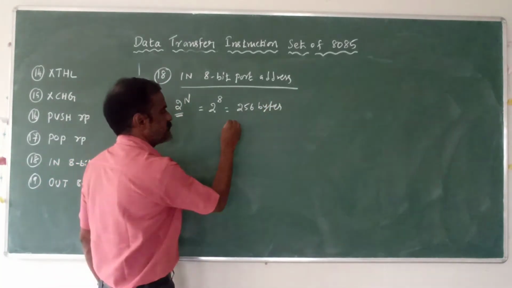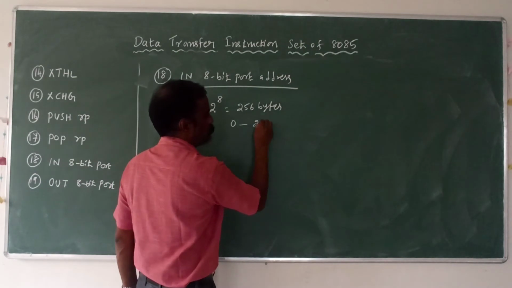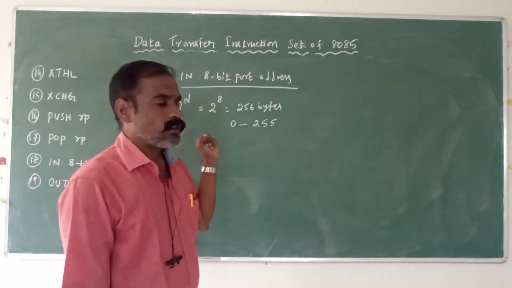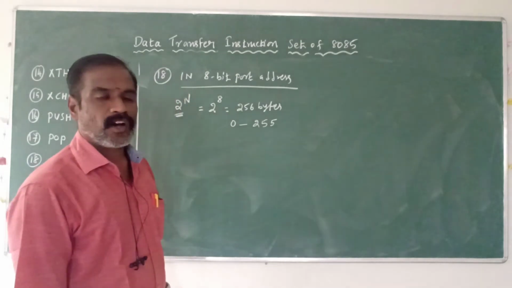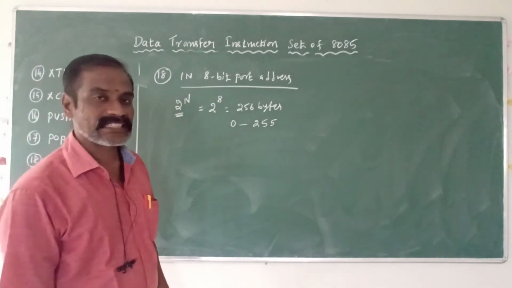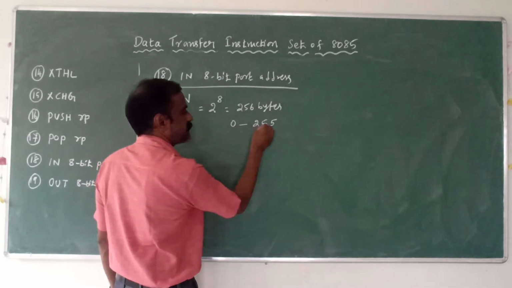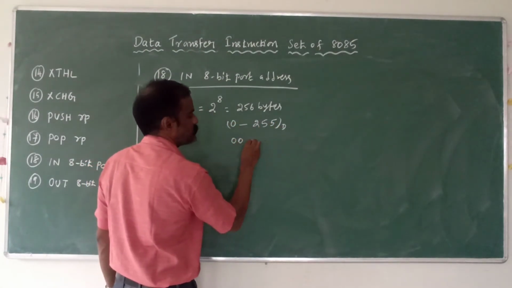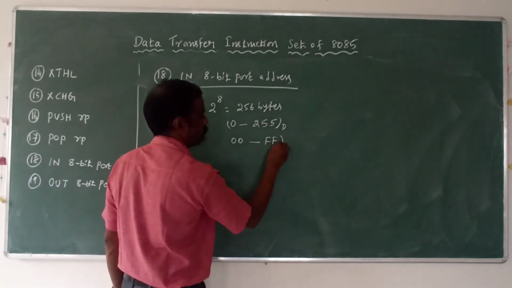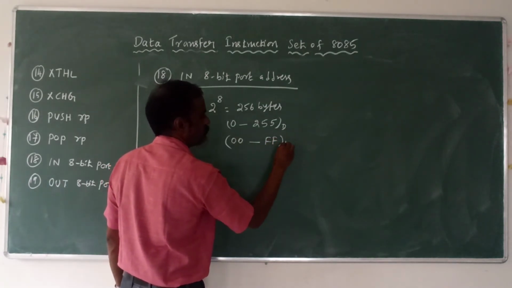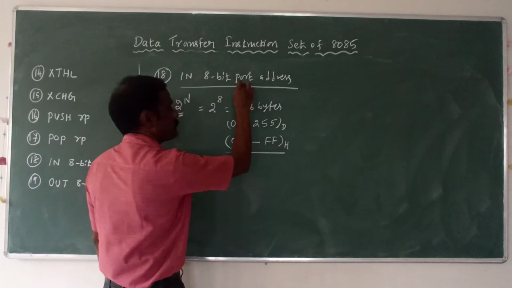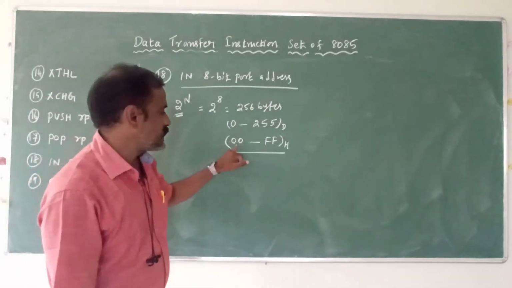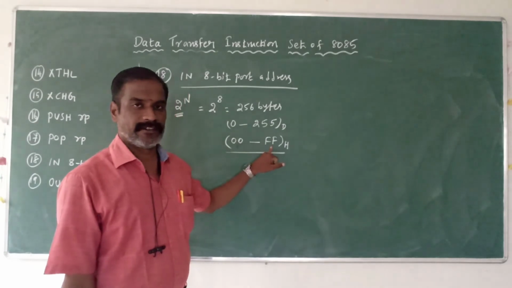We can represent this in decimal as 0 to 255. In microprocessors, all data and addresses are represented in hexadecimal format. So we convert to hexadecimal: 00 to FF. This is the 8-bit port address. We have to give the port address between 00 to FF.